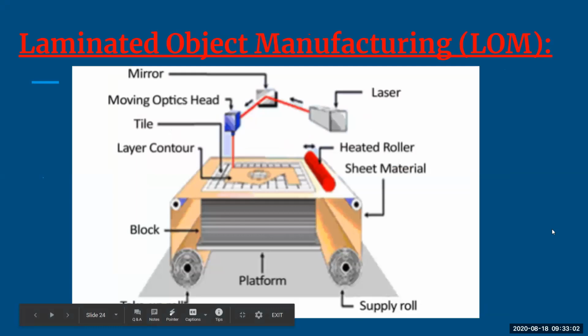Next is laminated object manufacturing. This is another method of 3D printing. Here you have layers of plastic or paper which are fused, or you can say laminated together, using heat and pressure, and then they are cut into the desired shape with the help of a computer-controlled laser, or a blade.